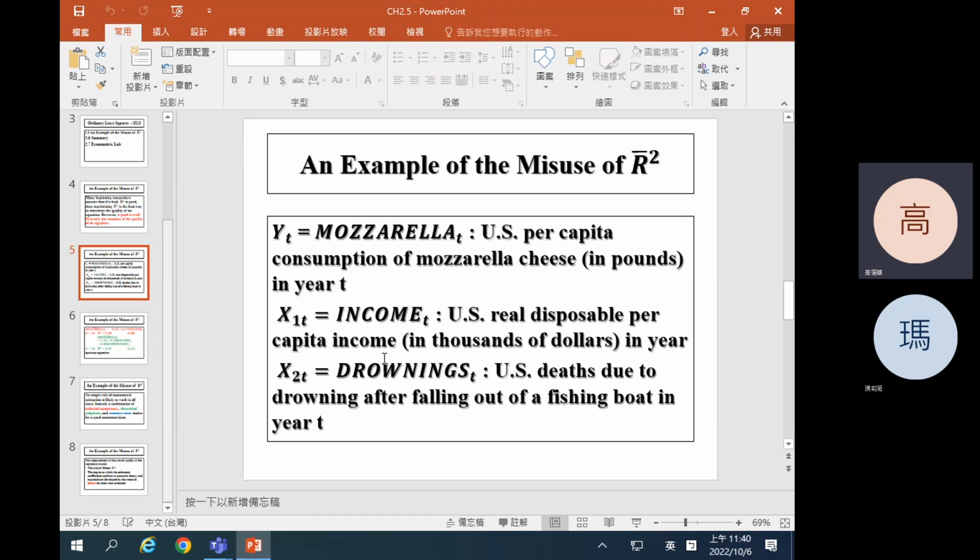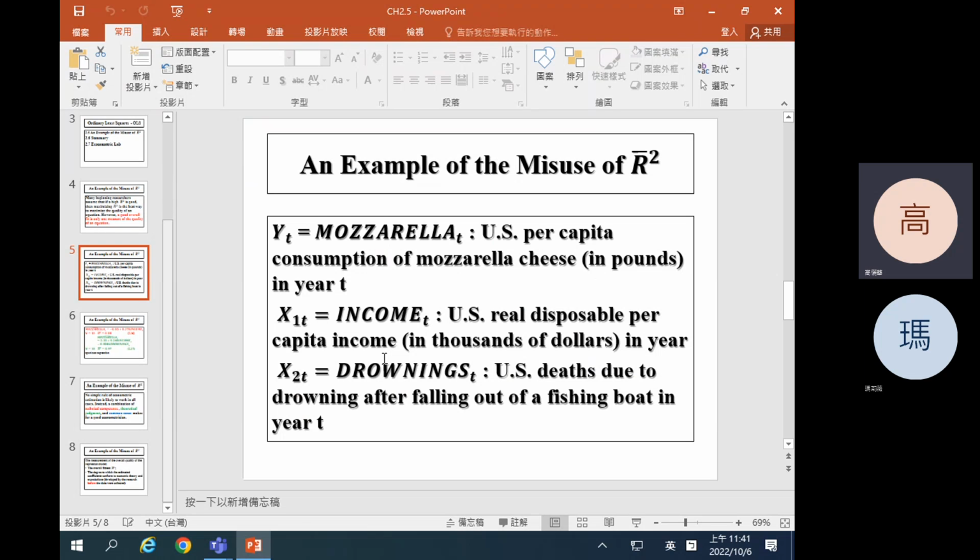So the Y variable is mozzarella, which is the U.S. per capita consumption of mozzarella cheese in pounds in year t. Then we use two variables. One is income, the U.S. real disposable per capita income, measured in thousands of dollars in year t.